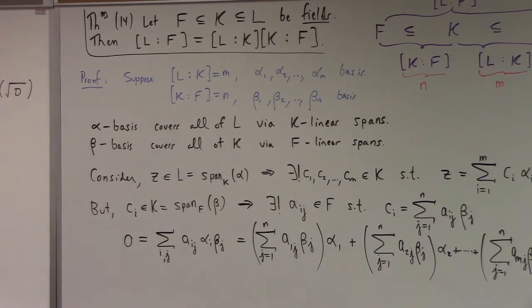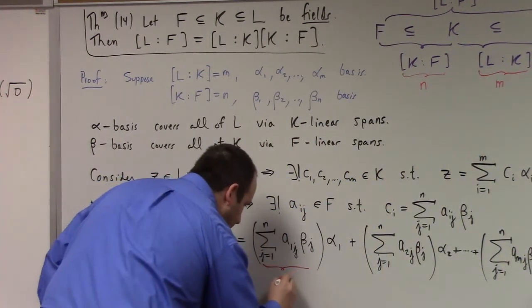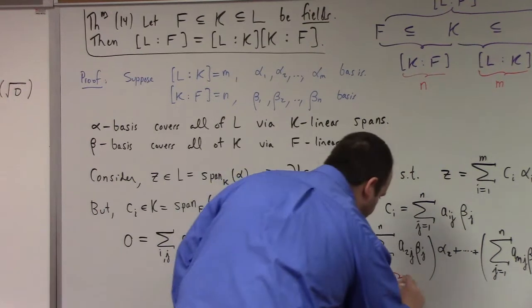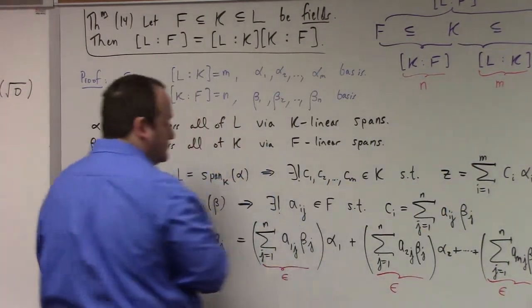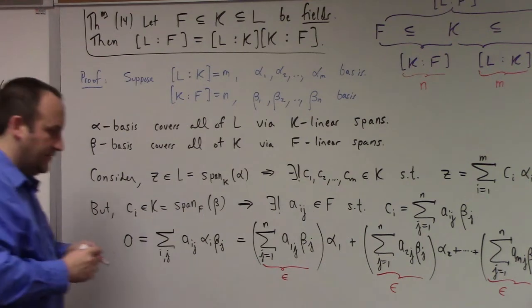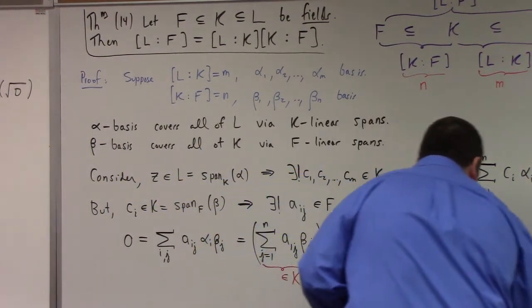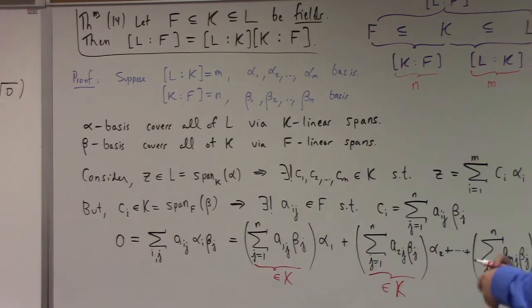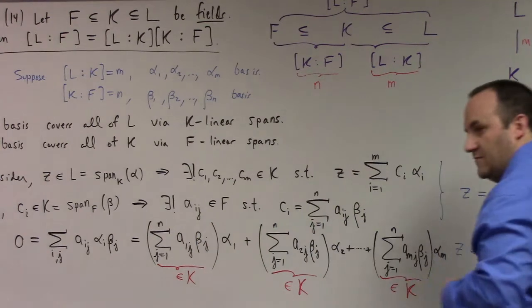And the things I wrote in parentheses, what are those? Those are elements of k, right? They are scalars. So we have k independence of the alpha basis. By the k independence of the alpha basis, all of those numbers have to be 0.